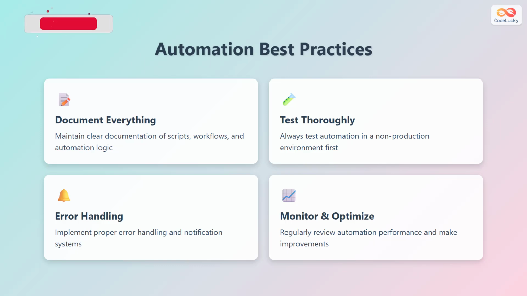Third, implement proper error handling and notification systems so you're alerted when automation fails or encounters issues. Finally, monitor and optimize regularly. Review your automation performance periodically and make improvements based on actual usage patterns and feedback. These practices will help you build reliable, maintainable automation that delivers long-term value.